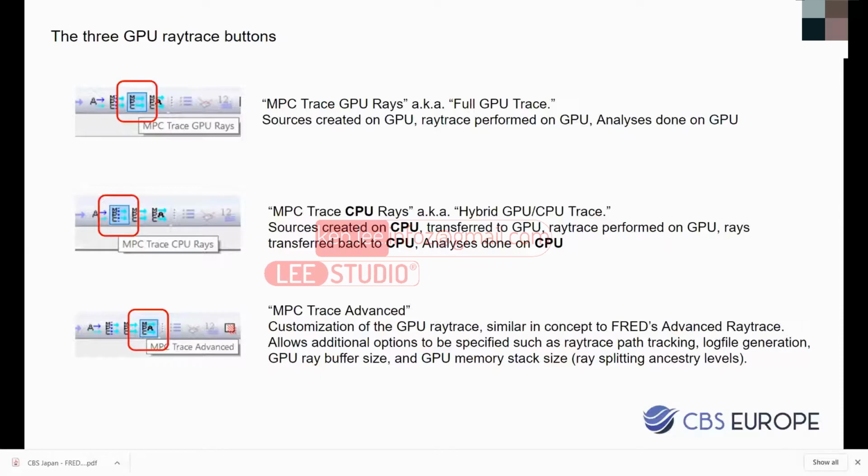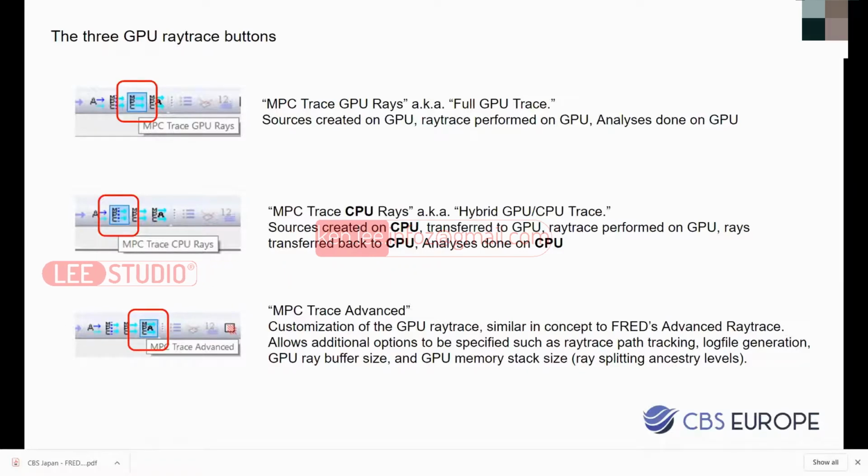So if you have a special detailed customized source, it cannot yet be created on the GPU, so you can't use the full GPU ray trace. In that case, you have to create the sources on the CPU, like for any FRED calculation. And then once the source rays are created, they're just passed over to the GPU for the fast ray trace and then brought back. So that's the first reason some sources are not available for the GPU yet.